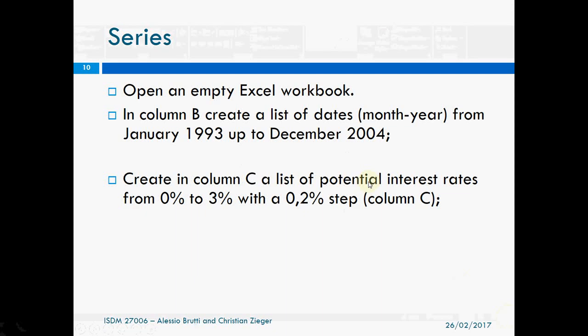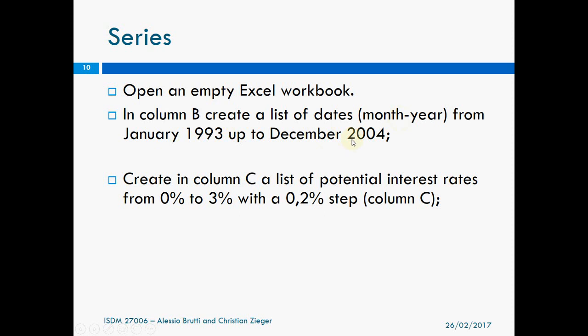This slide is dealing with series, so how to produce a series of dates, percentages, numbers. We need to open an empty Excel workbook, and then in column B you have to create a list of dates, month and year, from January 1993 up to December 2004.